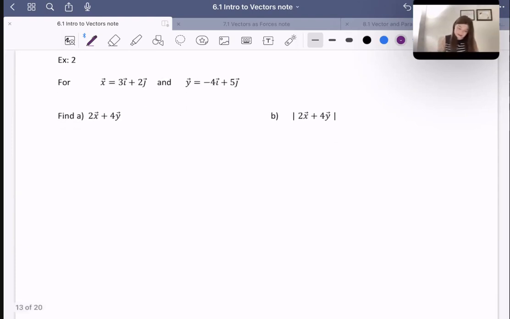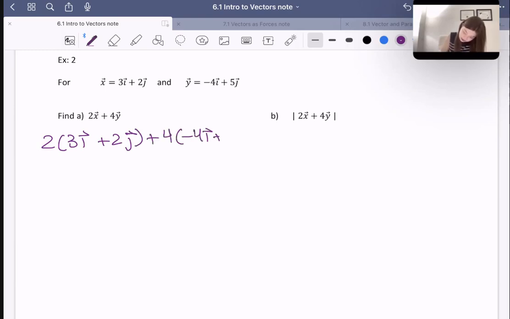We're going to say, well, let's do 2 times x, which is 3i plus 2j, plus 4y, which y is negative 4i plus 5j. Now, one of the properties of vectors is the distributive property. So we can distribute these, and in fact, we should distribute these and then simplify. So let's do that.